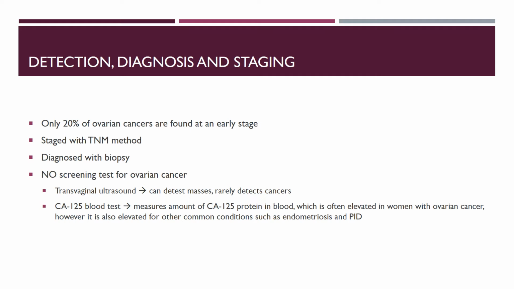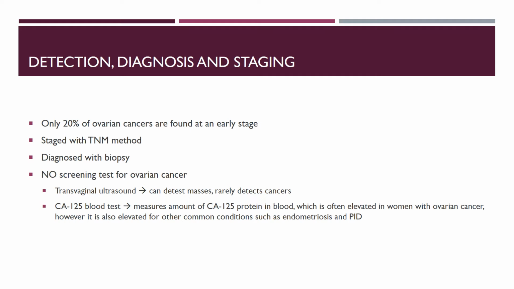They can do a transvaginal ultrasound, and that can detect masses, but ovaries can have cysts or masses for many different reasons. And the transvaginal ultrasound can't detect cancer, so it can't detect the cancerous cells, but it can detect a mass. And then from there, they can choose to biopsy.